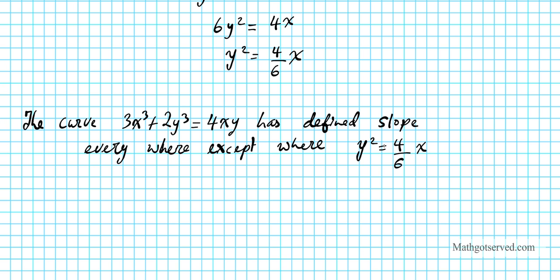So any ordered pair that satisfies this equation will result in an undefined slope, hence the curve will have an undefined slope at that point. Okay, so there you have it.